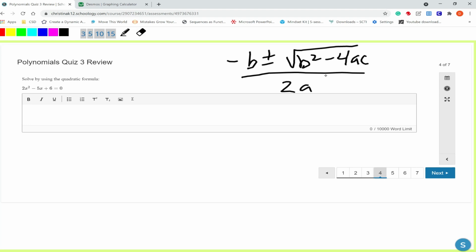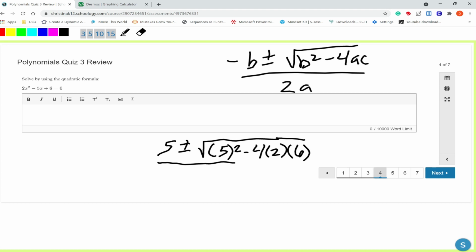So b is negative 5 this time, so we're going to have 5 plus or minus square root 5 squared minus 4 parentheses 2 parentheses 6, all this over 2 parentheses 2.